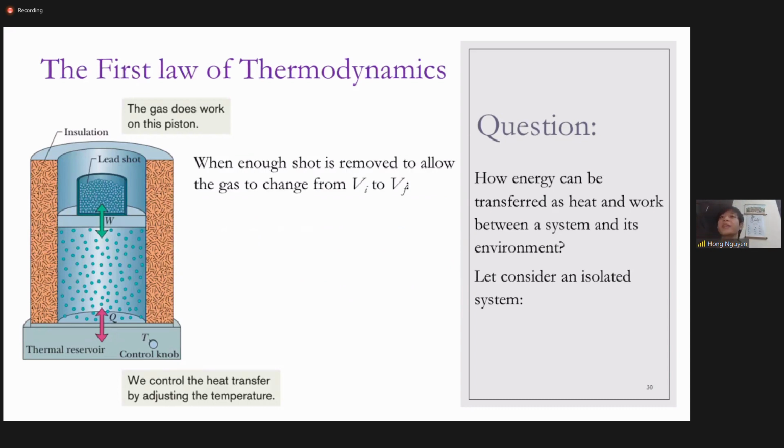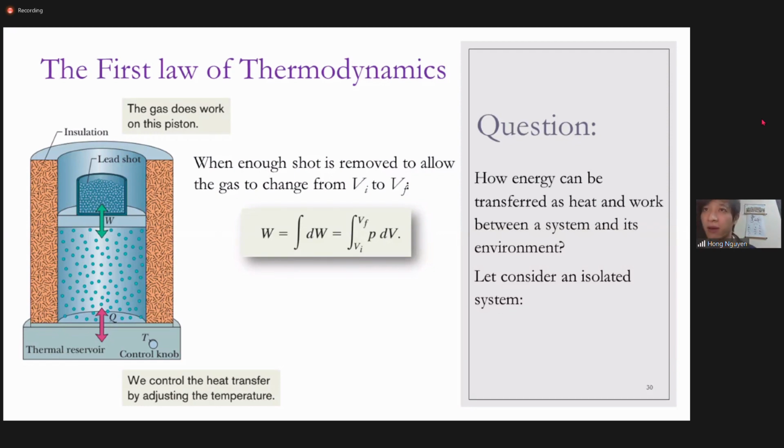When we remove enough shot to allow the gas to change from an initial volume to a final volume, what will happen? We will have the total work. It's actually the sum of all the differential work.